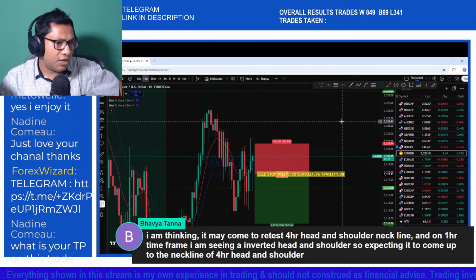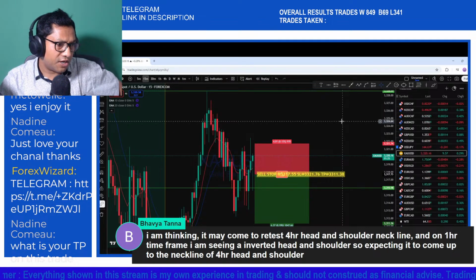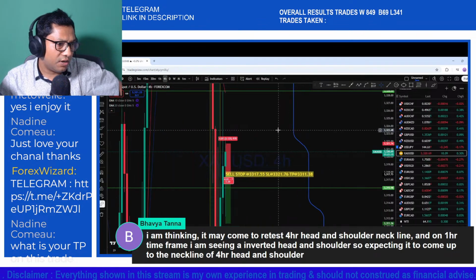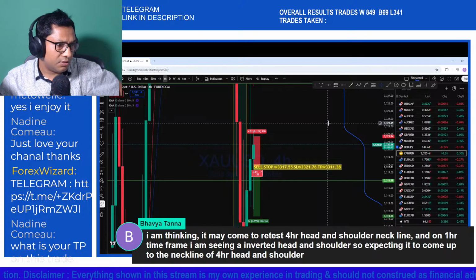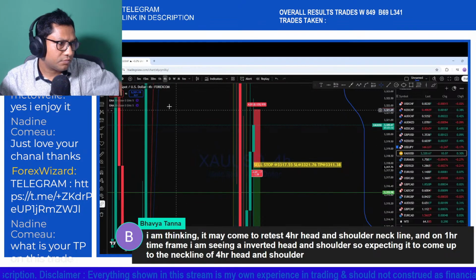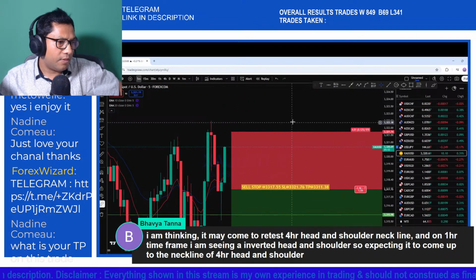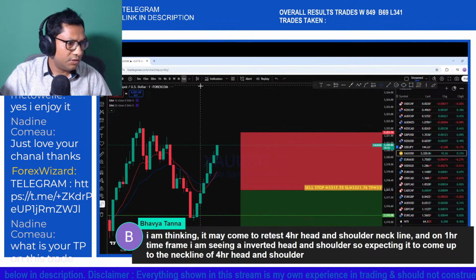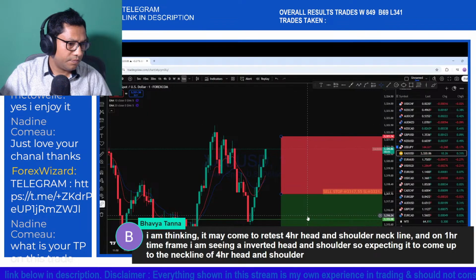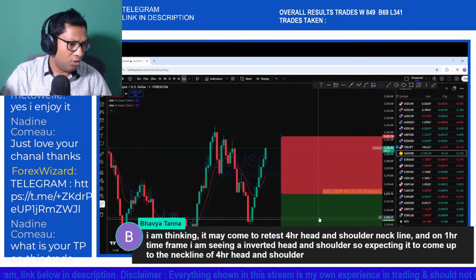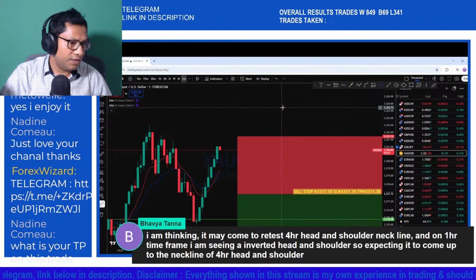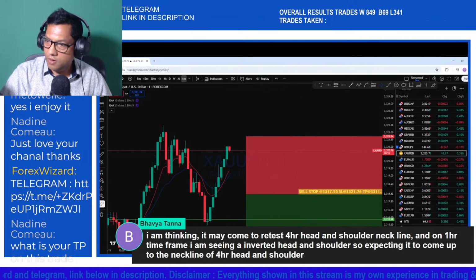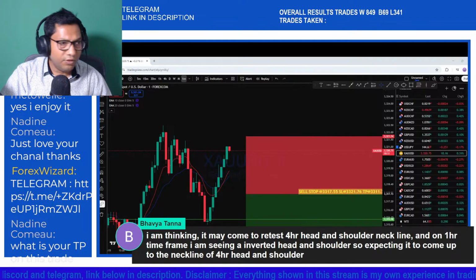So waiting for the price to see, if you look at the daily here, this is the daily price, 4 hour, a pretty sharp rejection. After the break of this low, it has broken that low here, and then possibly returning to that level.